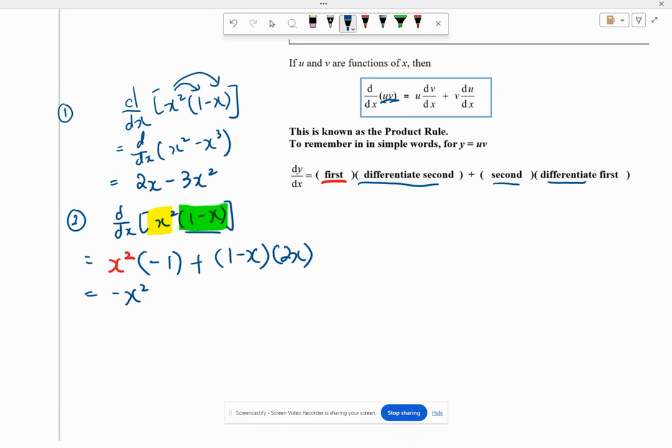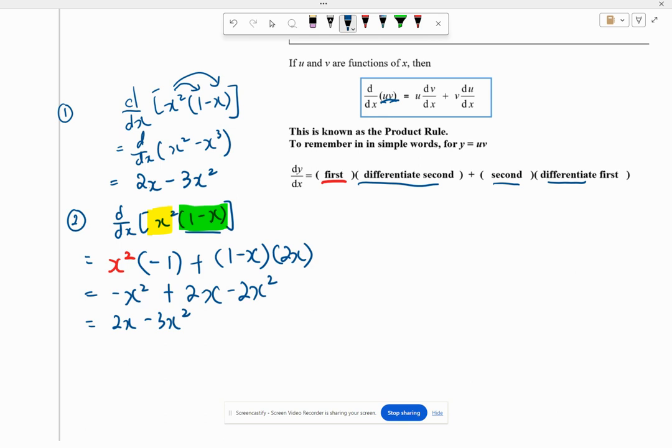Simplify it. We'll get the exact same answer as above.